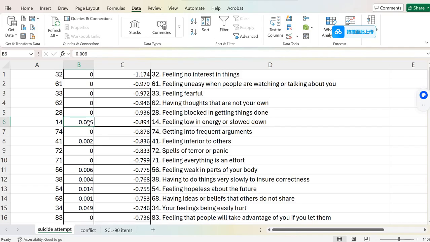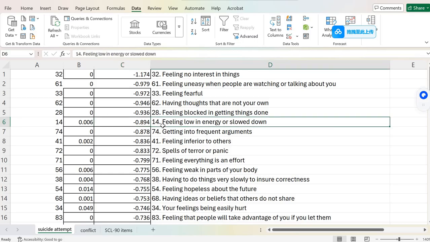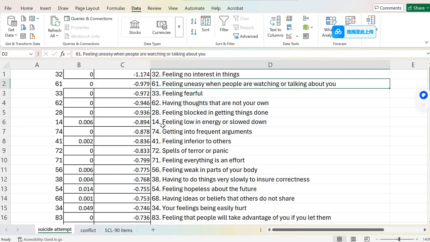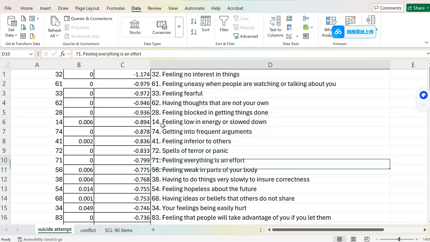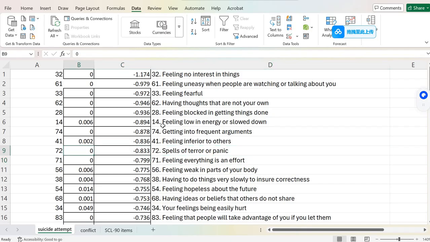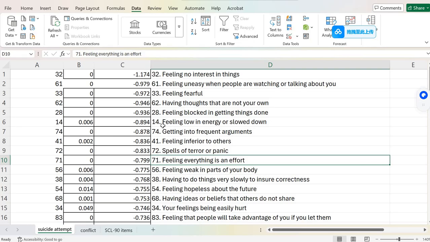What percentage is that? It's 0.6, less than 1% probability that this difference is due to chance. So it's not due to chance. It's statistically significant. All the top 10 items are statistically different between the people who had suicide attempts and those who don't.